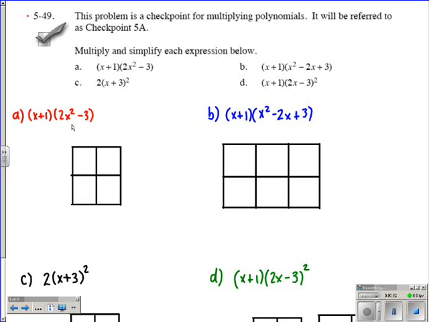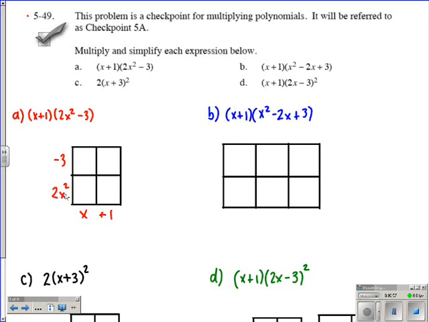So let's go ahead here, and what we have is a binomial times a binomial. I'm just going to continue using generic rectangles, just like one of the other recent problems we've had here. And let's take this and set it up. Let's do x plus 1, and I'm going to do my 2x squared minus 3.